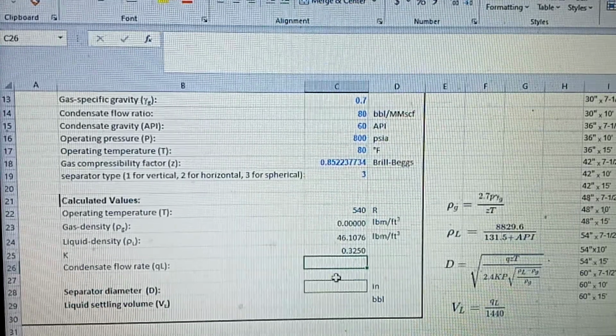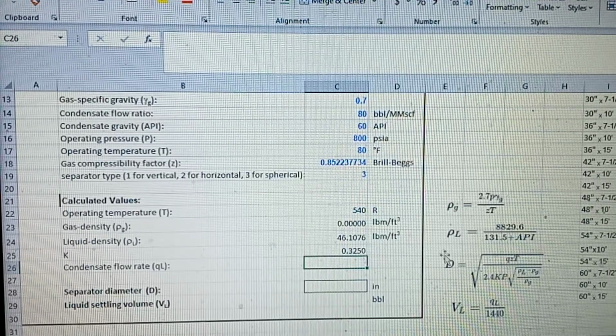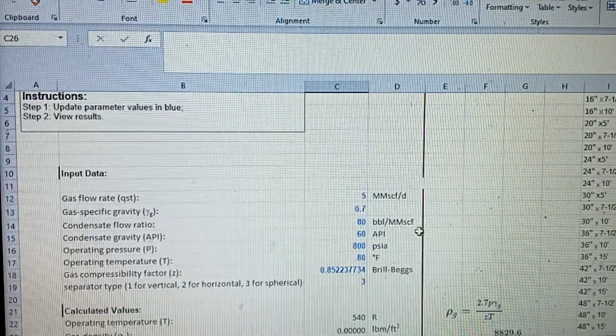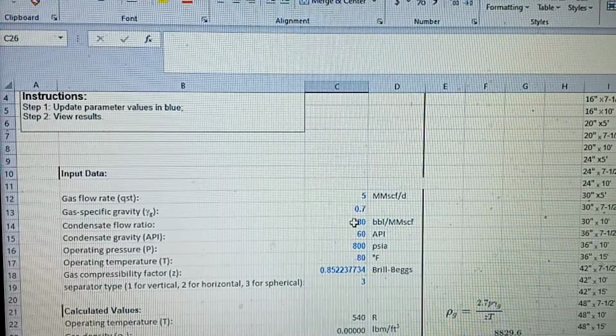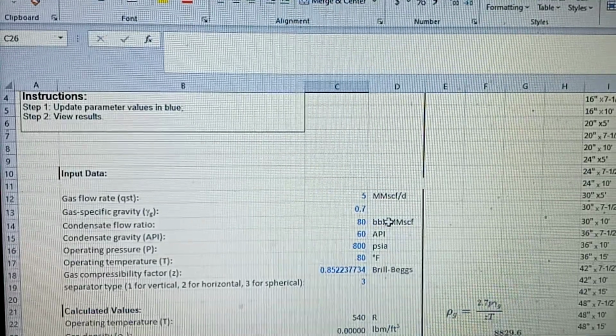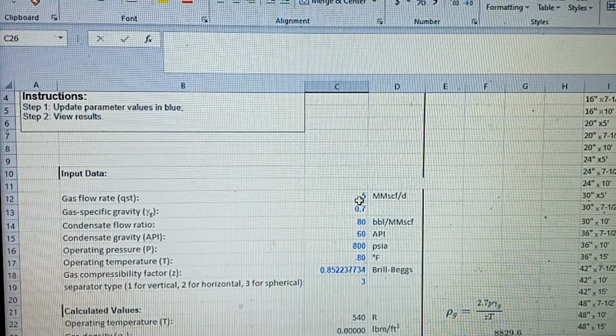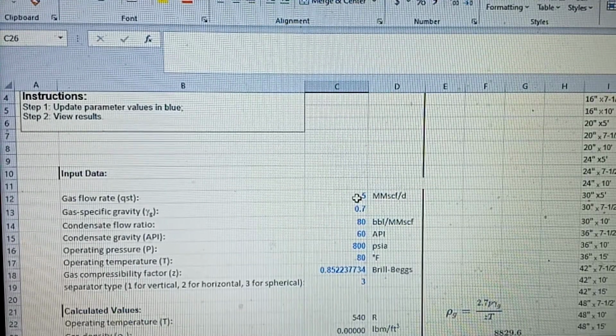The condensate flow rate depends on the condensate ratio. This one says 80 barrels per million standard cubic feet, and I have 5 million cubic feet of gas.